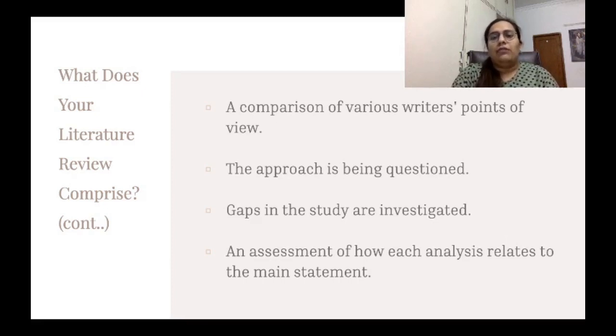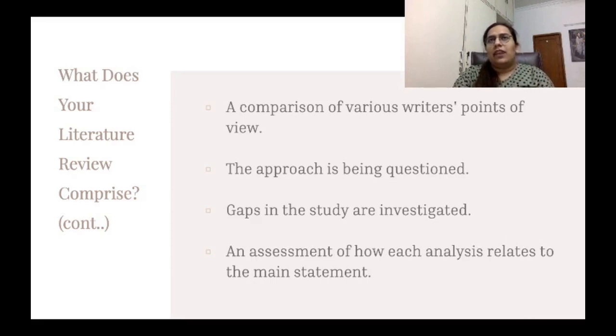So how do you find a gap in a study that has already been investigated, or find their missing point or void, which you could investigate further in your research? That can sometimes be possible.